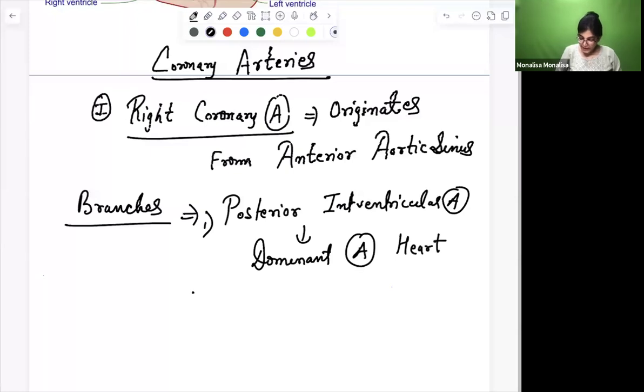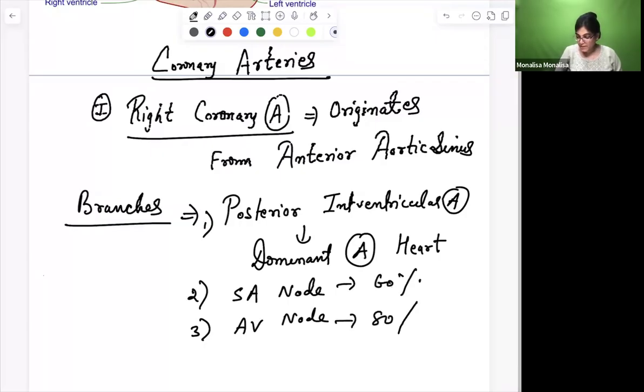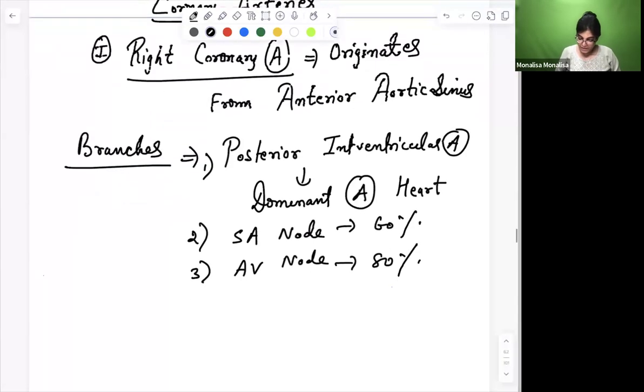The right coronary artery also gives blood supply to SA node and AV node. SA node gets arterial supply in 60% of cases, AV node in 80% of the cases. It also gives the right marginal artery.